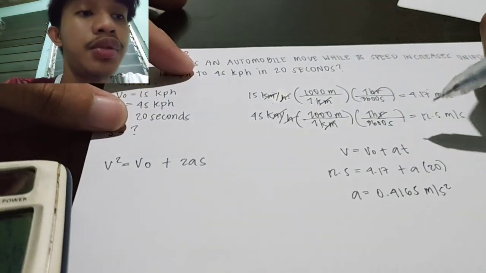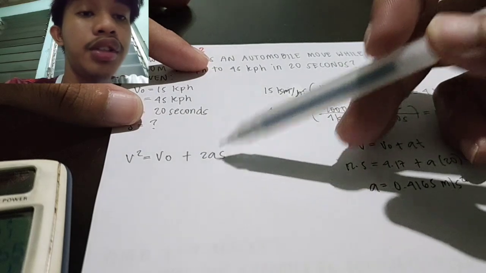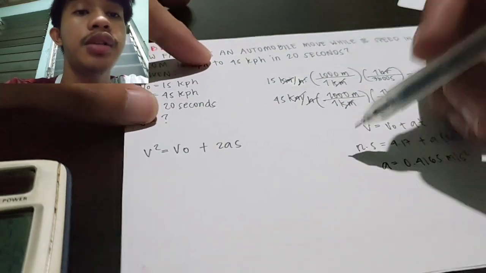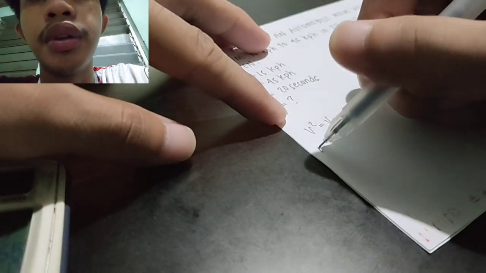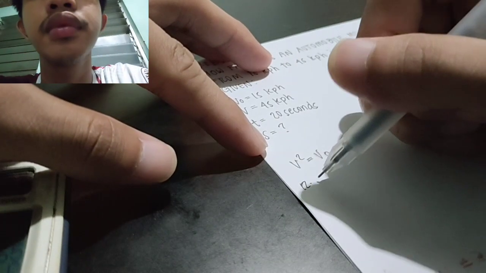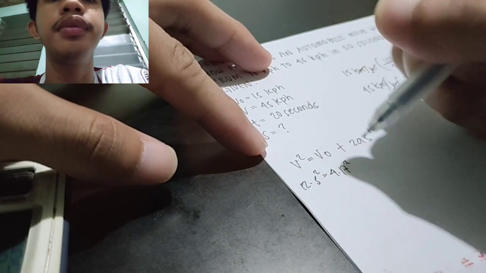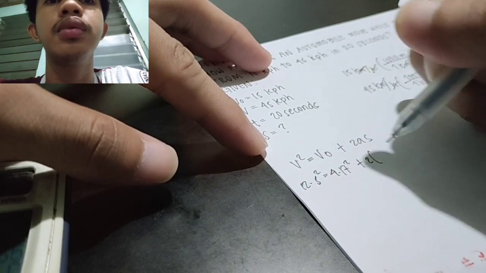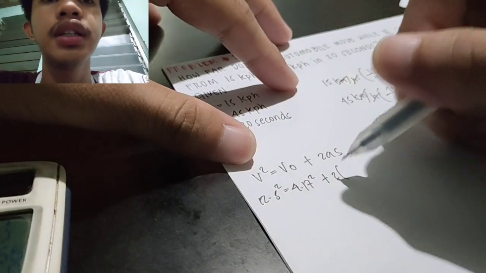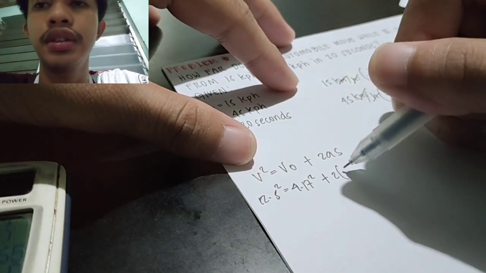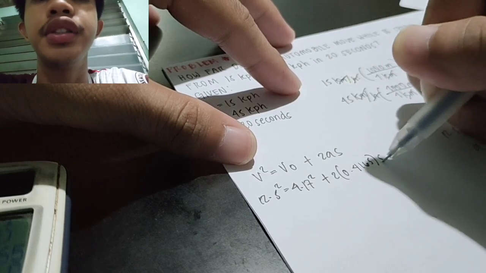So since we have all the values that we can plug into this equation, let's just substitute it to the equation. So v squared, 12.5 squared is equal to 4.17 squared plus 2, the acceleration that we recently got, 0.4165, s.